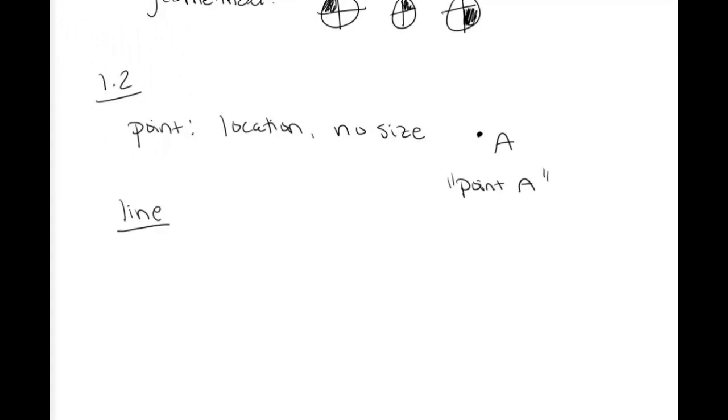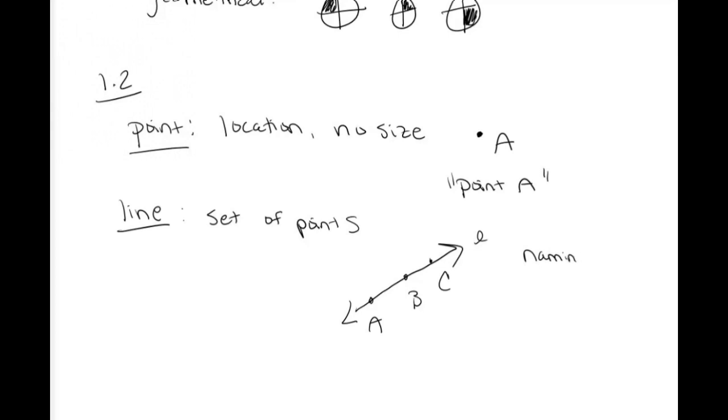Okay, the next thing we have to define is a line. So a line is a set of points. So they would look like, if we had A, B, and C, a line goes through a set of points. And we can name this line in two ways. So naming.